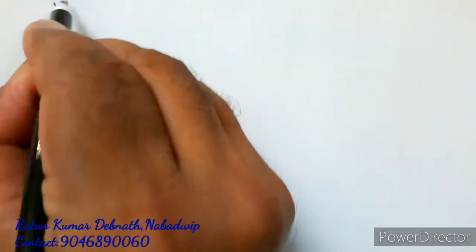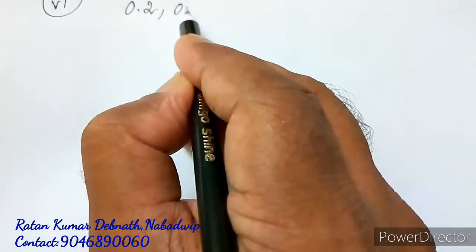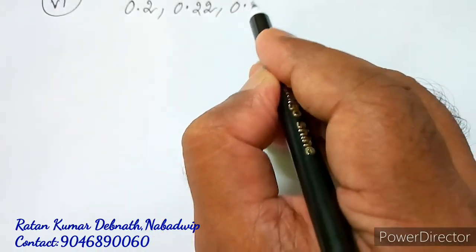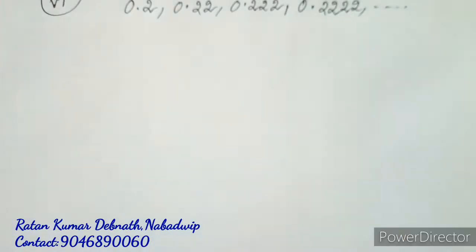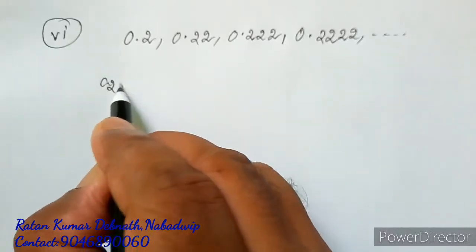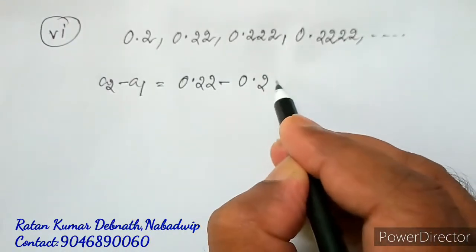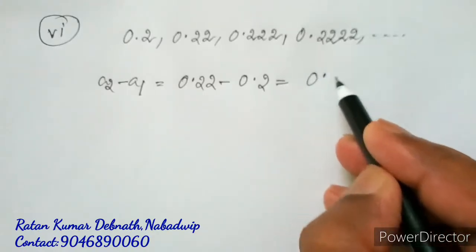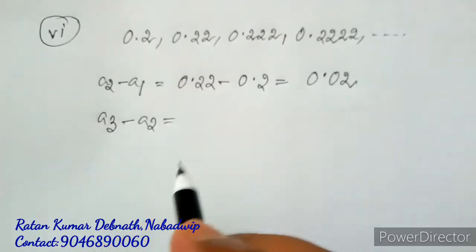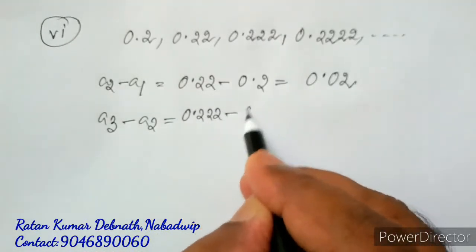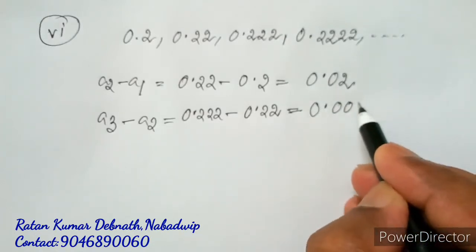Question number 6 of 4. The numbers given here: 0.2, 0.22, 0.222, 0.2222, etc. Now a2 minus a1 equal to 0.22, that is second term, minus 0.2 results in 0.02, and a3 minus a2 equal to 0.222 minus 0.22 equal to 0.002.